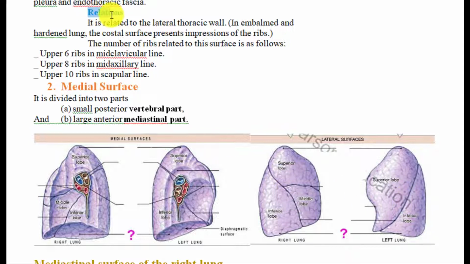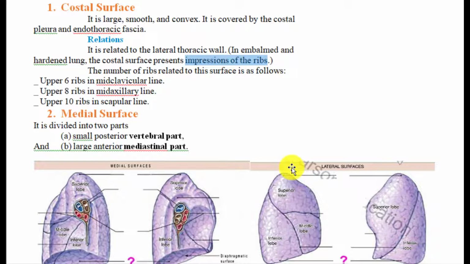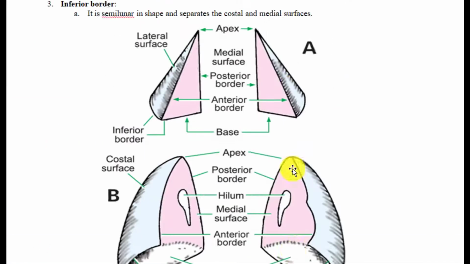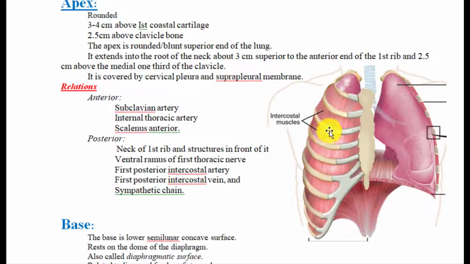Okay, what are the relations of the costal surface of the lungs? It is related to the lateral thoracic wall. There is a medial thoracic wall and there is a lateral thoracic wall on both sides. Then the number of ribs related to this surface are as follows. In the costal surface there are impressions of the ribs, as the ribs are covering the lungs, you can see here, right?